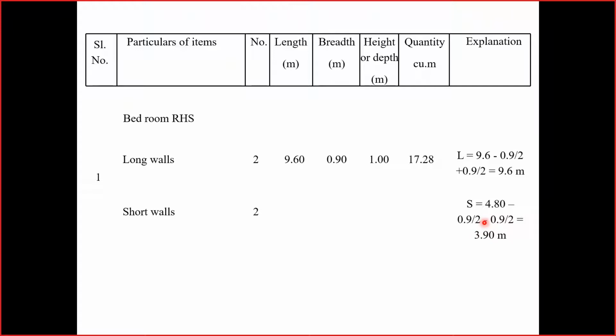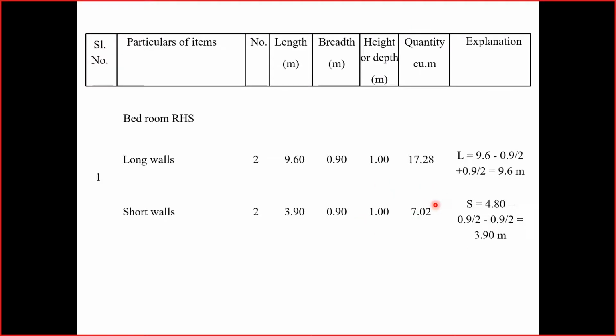So totally 3.9 meter is the clear distance that I'm going to take up as the length. And width of excavation is going to remain same, 0.9 meter, and depth of excavation from the natural ground level is 1 meter. Total quantity is product of these things, which is equal to 7.02 meter cube.